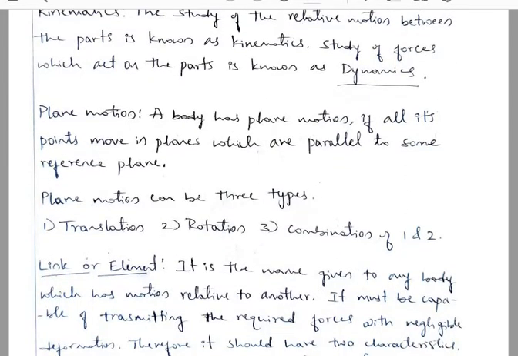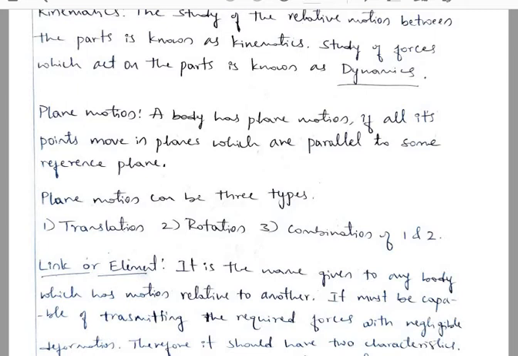Next we have plane motion. A body has a plane motion if all its points move in planes which are parallel to some reference plane. So the body has to move in a plane parallel to some reference plane.